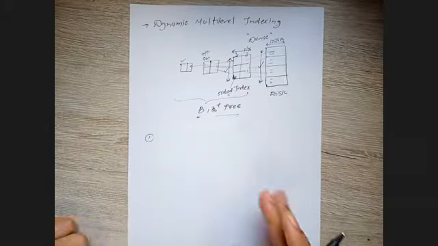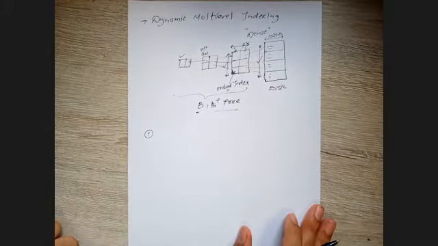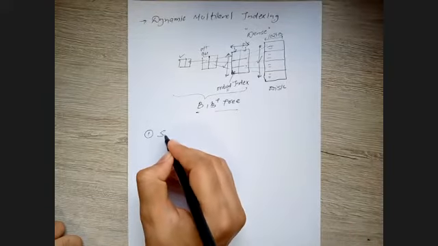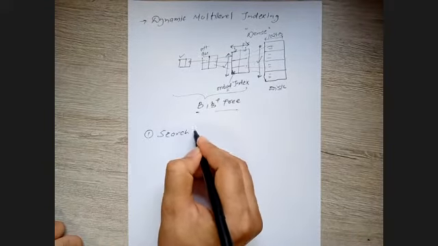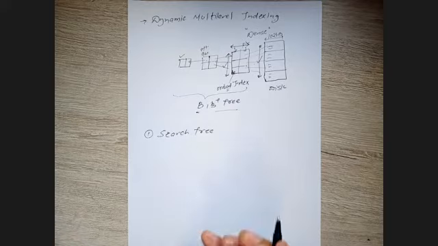Going back to the data structure part, you might remember this. The first one is called a search tree. In a search tree, the data is organized in a tree format.